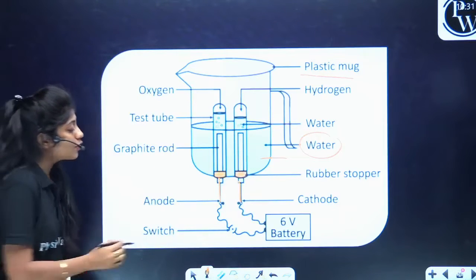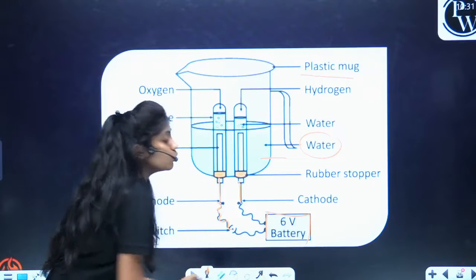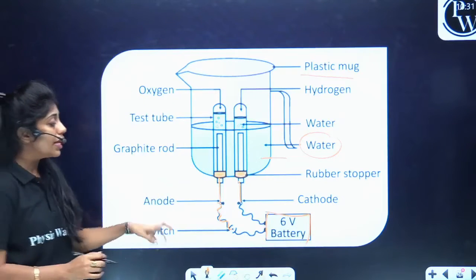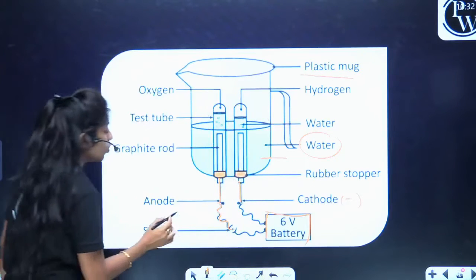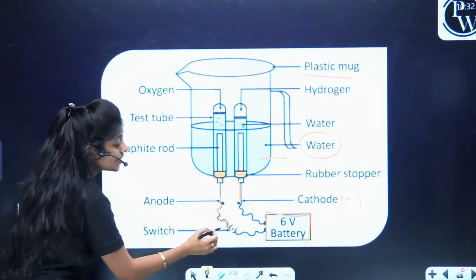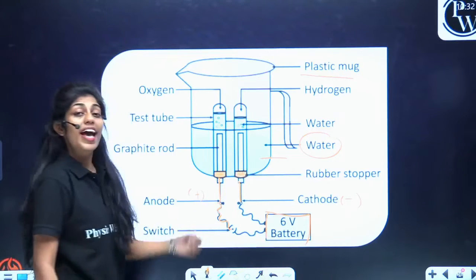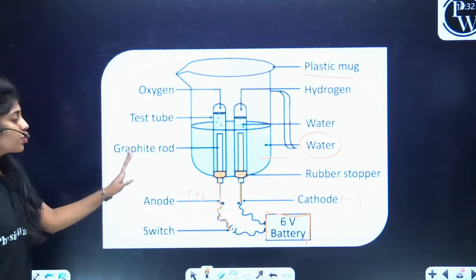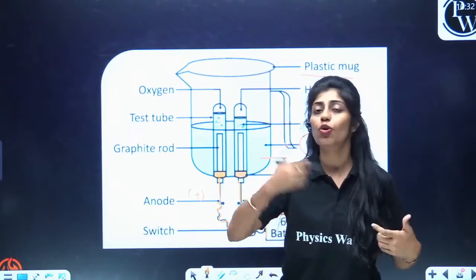Now these electrodes are connected to a battery of up to 6 volt. The terminal which is negative is named the cathode, and the electrode connected to the positive terminal of the battery is the anode, which is positive in nature. So these are important terms you should know: cathode, negative; anode, positive.